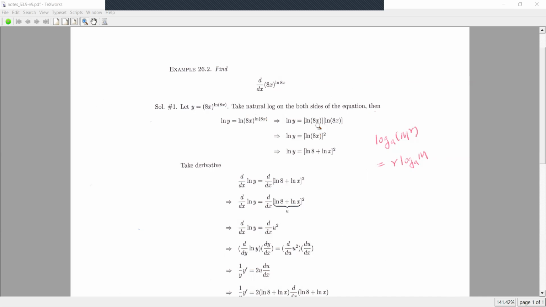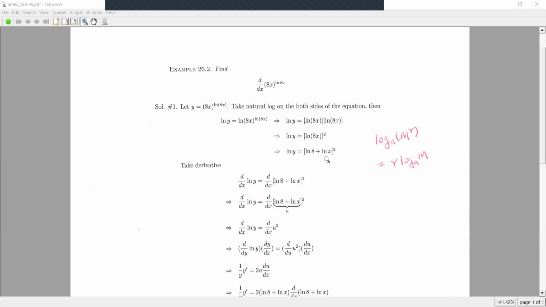Natural log of 8 times x times natural log of 8 times x is natural log of 8 times x squared. Natural log of 8 times x is natural log of 8 plus natural log of x, because natural log reduces a product into a sum.